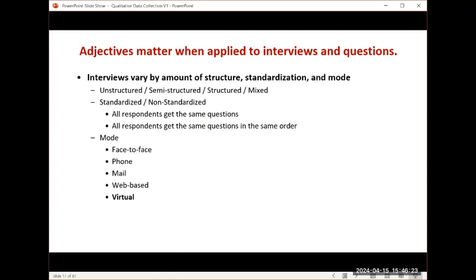Phone interviews are actually really good. My preference is to do phone interviews. I actually find sometimes that the distance and not being face-to-face is useful for having conversations about sensitive issues. Now, you've got to have a good phone voice, and you've got to be comfortable imagining what the person on the other end of the phone is doing.